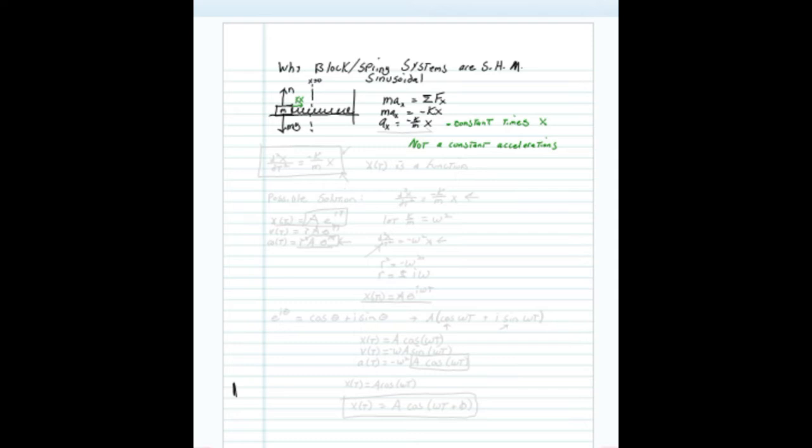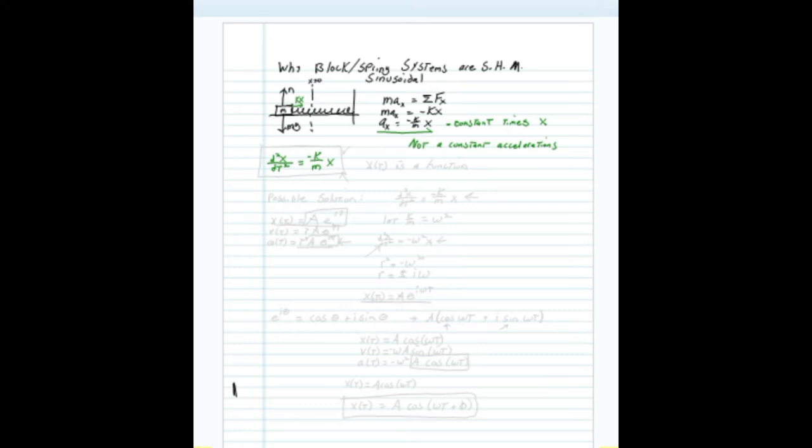So I'm going to rewrite this differential equation this way: the second derivative of x with respect to time, that's the acceleration, is equal to negative k over m times x.